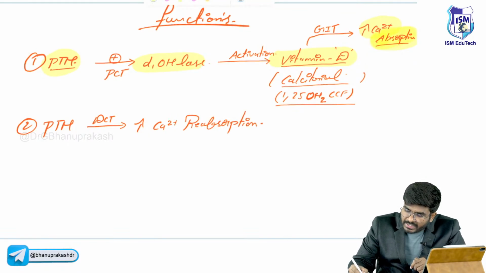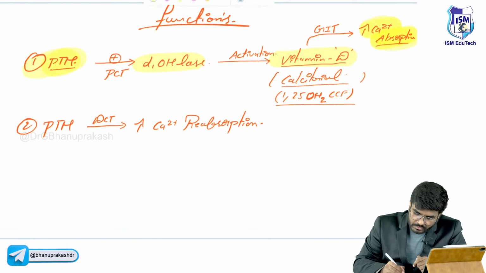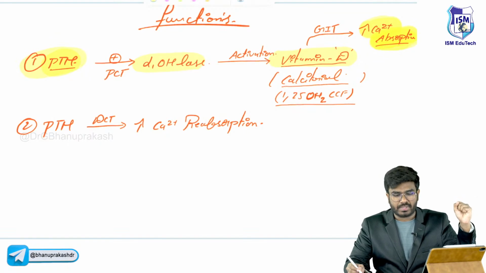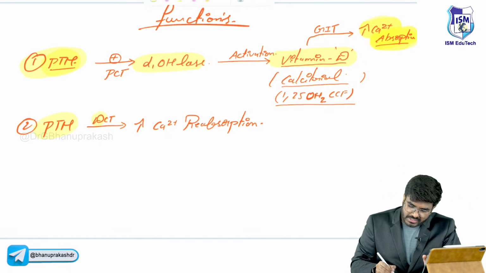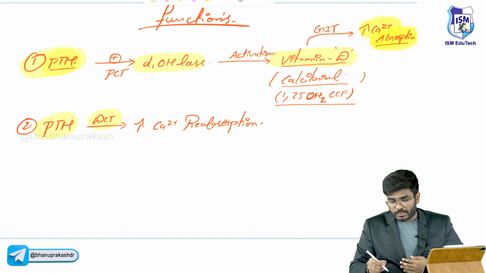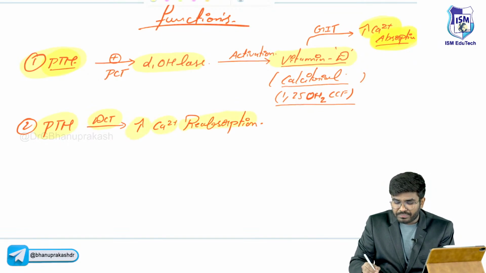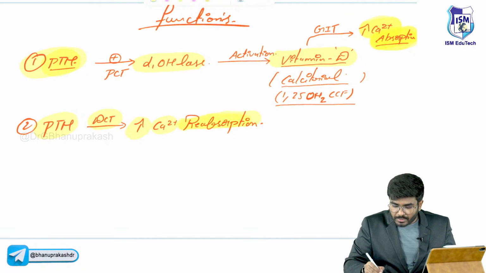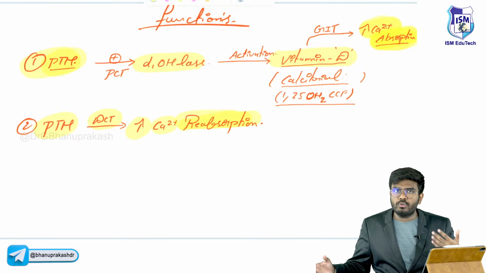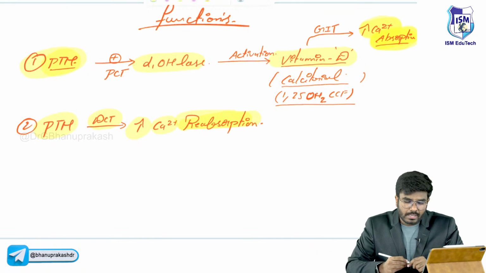See, you need to understand here: number one function is absorption, the new calcium being absorbed from the GIT. The other function of parathyroid hormone is acting on the distal convoluted tubule, MCQ. It increases the calcium reabsorption. Reabsorption means the calcium is not getting lost in the urine, so more and more calcium will get reabsorbed. This is the second function.